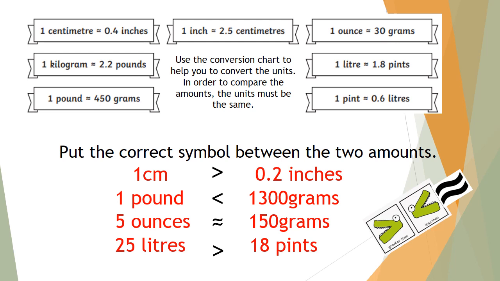So to get from 1.8 pints to 18 pints, we have to multiply by 10. Now, if we take that multiplied by 10 and we times 1 litre by 10, we get 10 litres. That is less than 25 litres. So 10 litres is approximately equal to 18 pints. That means 25 litres is more than 18 pints. Hope that makes sense.